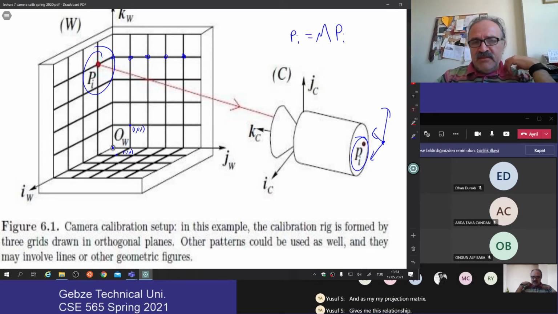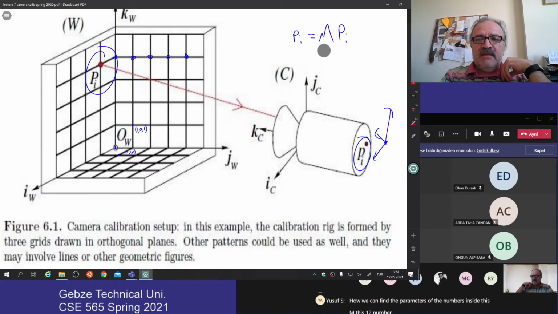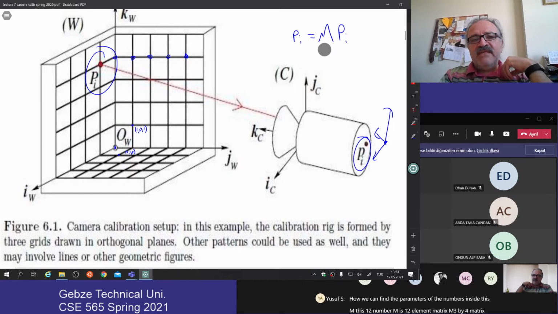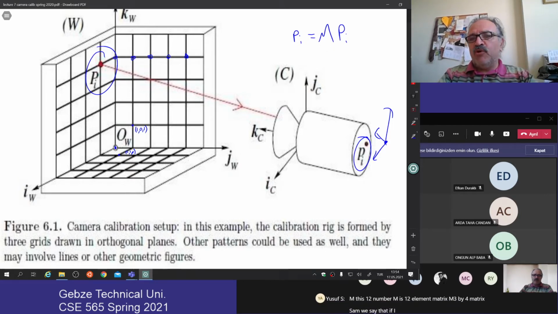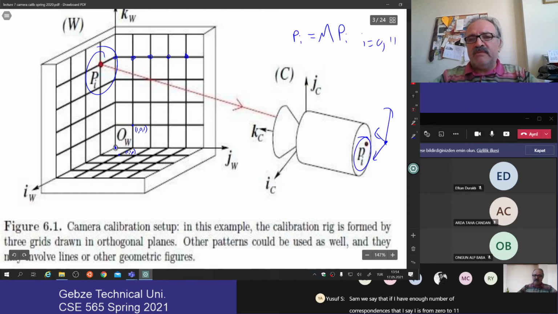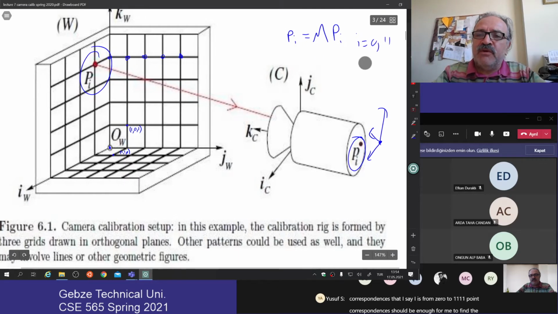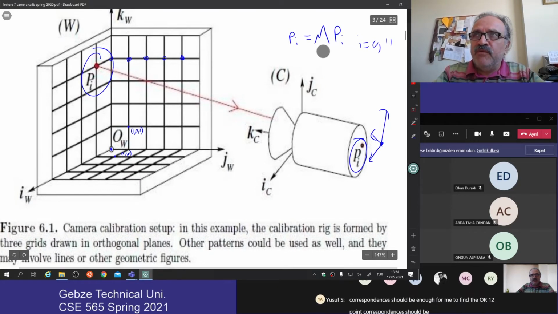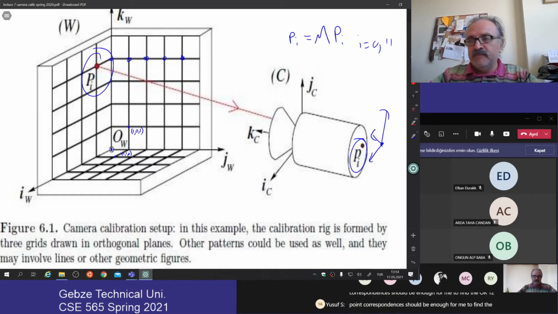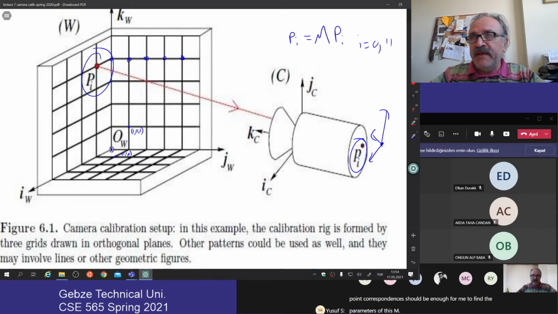So remember we talked about how we can find the numbers inside this M, this 12 element matrix, 3 by 4 matrix M. We said that if I have enough point correspondences, 12 point correspondences should be enough for me to find the parameters of this M. Okay?